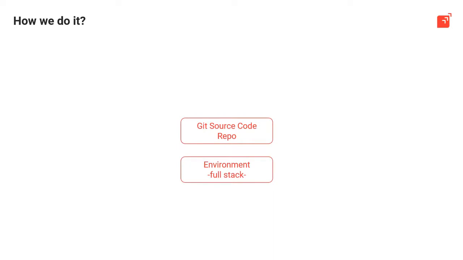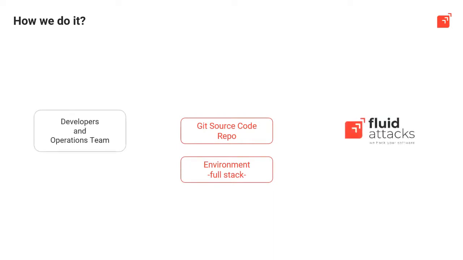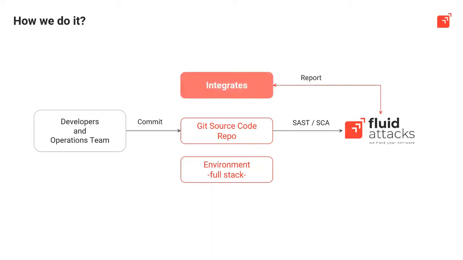We have 3 actors: the developers, the hackers or testers, and the management team. When the developer makes a commit to compile what he has developed, Fluid Attacks realizes this and proceeds to review that code. If we find any vulnerability, we report it immediately on Integrates. The developer gets notified about a vulnerability that has been found.